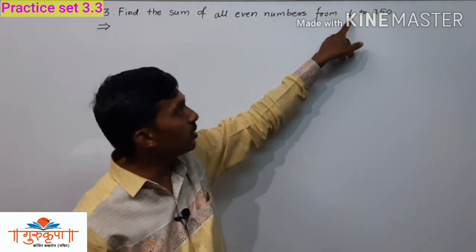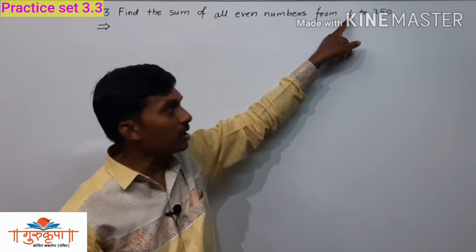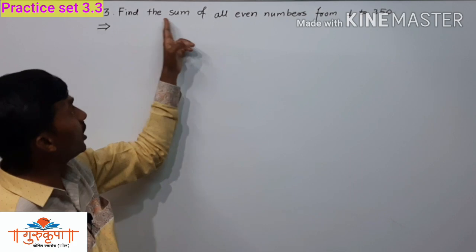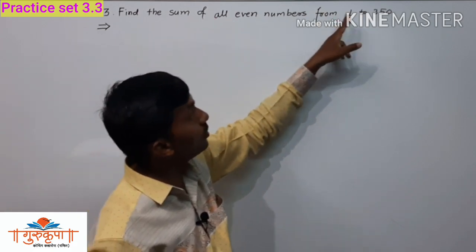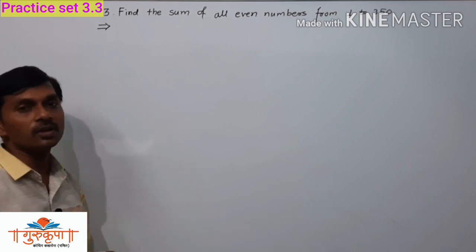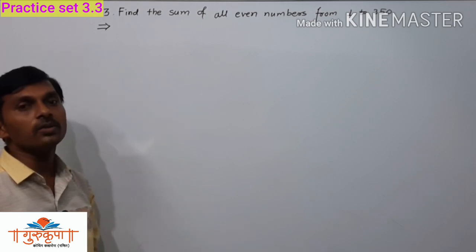But since 1 is not an even number, which numbers do we have to calculate? Find the sum of all even numbers from 1 to 350. Since 1 is not an even number, we are not going to calculate it.